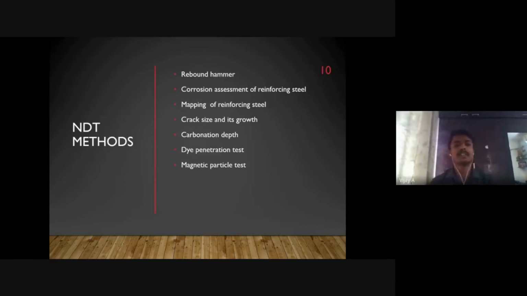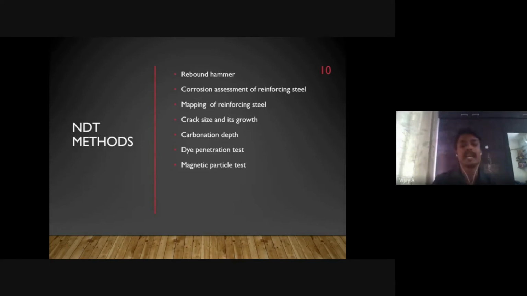And as I said, we will be studying different NDT methods. Fine. Apart from the different methods like rebound hammer, UPV, magnetic particle and dye penetration, carbonation depth, the first and foremost tool that any human, especially people with structural engineering knowledge, can have is visual testing or visual inspection.